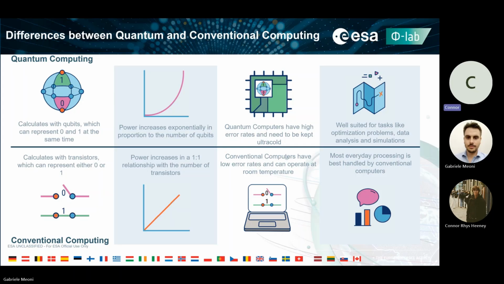Not all quantum computers can work there, because some of them, to work and to have very low error rates, need to be kept ultra cold. Ultra cold means below 1 Kelvin. So they need a very powerful cooling system. And the first one might be very well suited for optimization problems. The other one is more or less well suited for all problems, with the limitations that we have seen before.